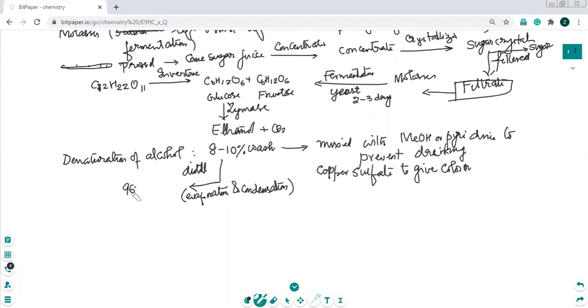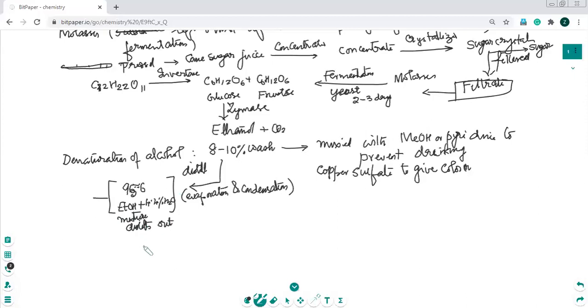So that means 95.6% of ethanol plus the remaining 4.4% of water. This mixture distills out, and that is called rectified spirit.